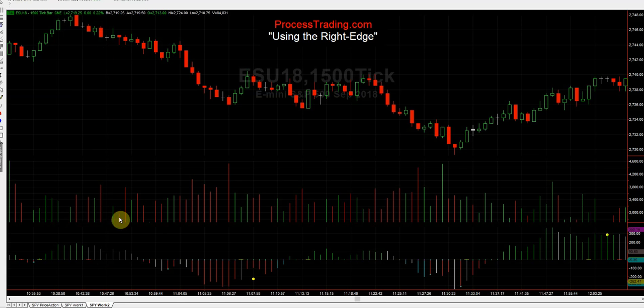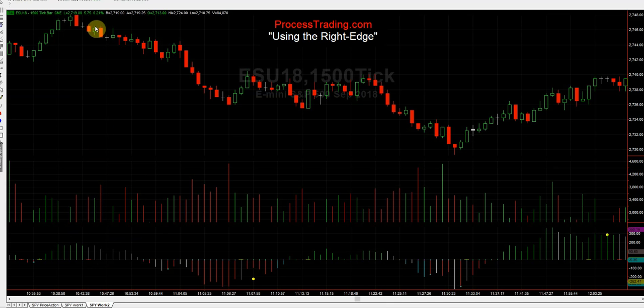So here we have the actual traditional volume bars, and right here, if you can read those bars somehow, you could tell that weakness started to come in right at that bar.